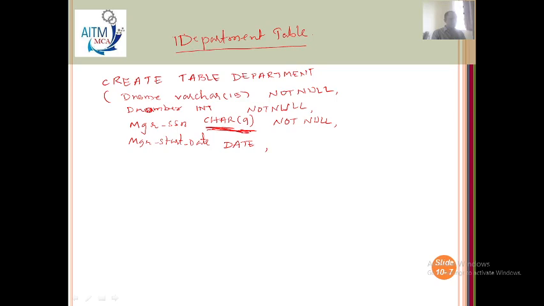Then which is the primary key in this table? In the department table, which is the primary key? Department number, sir. Yes, DNUMBER. Department number is the primary key.